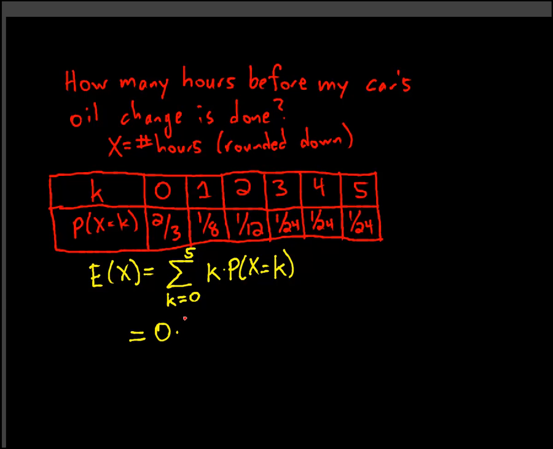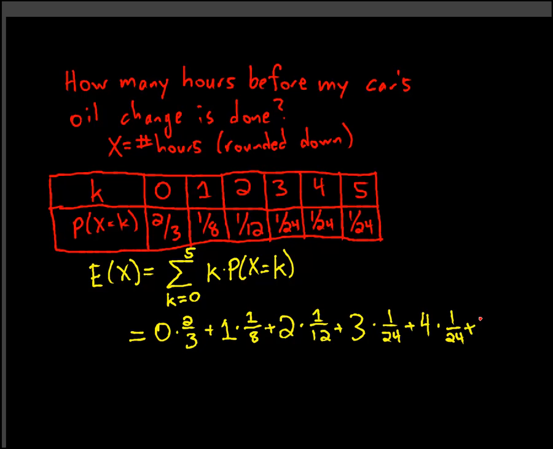So that'd be 0 times 2/3, plus k equals 1 corresponds to a probability of 1/8, 1 times 1/8, plus 2 times 1/12, plus 3 times 1/24, plus 4 times 1/24, and then finally plus 5 times 1/24.